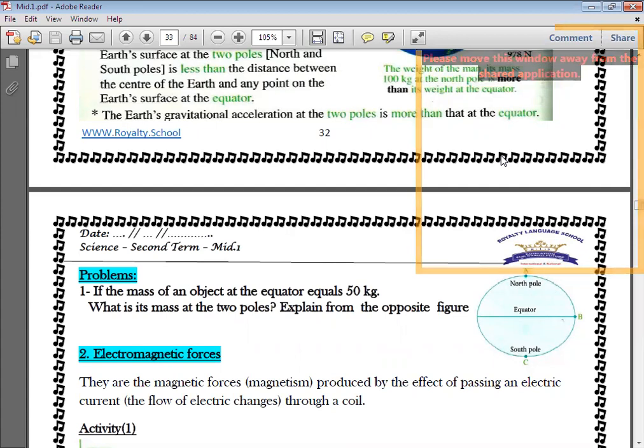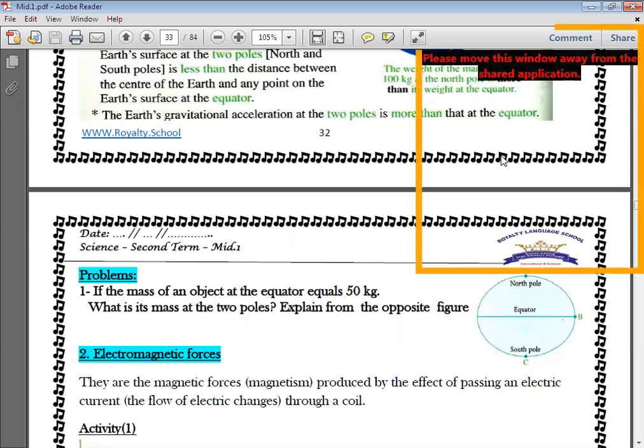In this figure, he asks me about the weight of the object whose mass equals 20 kilograms. He gives me the gravity at the North Pole, and asks me to calculate the weight of the object at the equator, and gives me the gravity at the equator. The mass at the north, at the equator, at the south, at any point, will be equal.